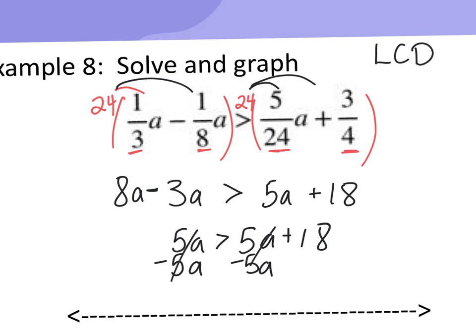When I do that, I'm left with just 0 on the left, because I have nothing left, so it's just 0. Is greater than 18. False. It's not true. So what is it? Good. Do I need to graph that? Nope, I don't. Okay. Any questions? Cool, that's it on notes today.